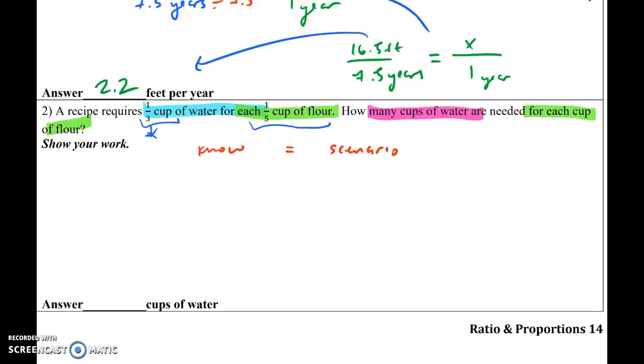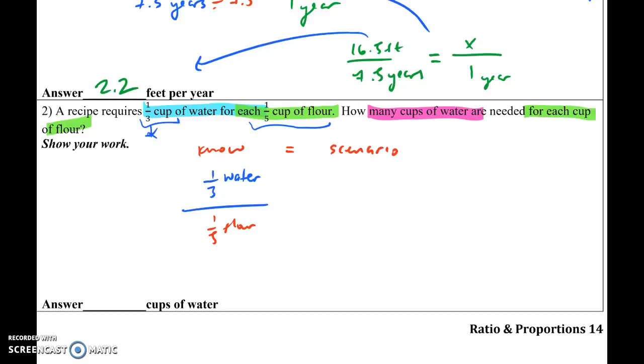All right, and what we know is 1/3 cups of water for 1/5 cup of flour. Now we could write that as a ratio, which is 1/3 water and 1/5 flour. I could also start with 1/5 flour over 1/3 water. That would just mean my scenario would be flipped as well.